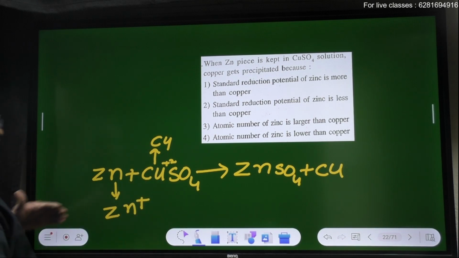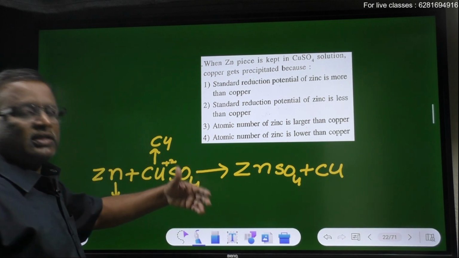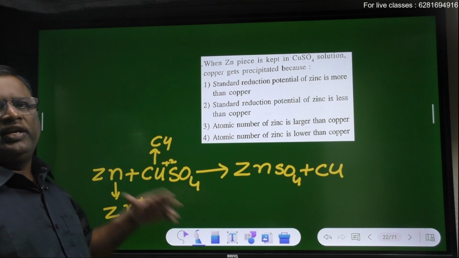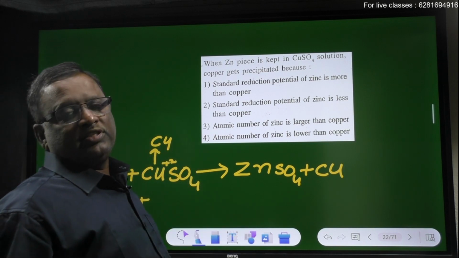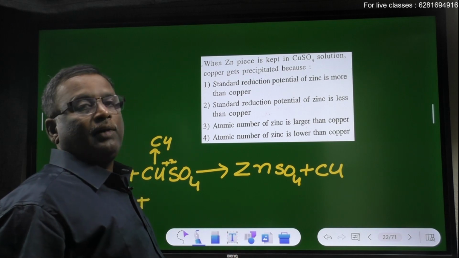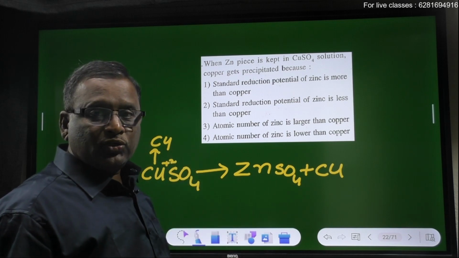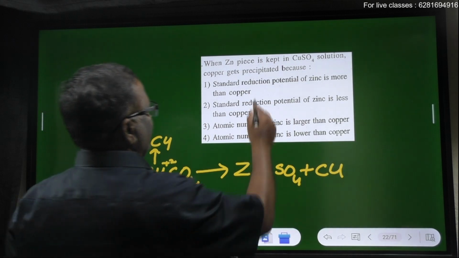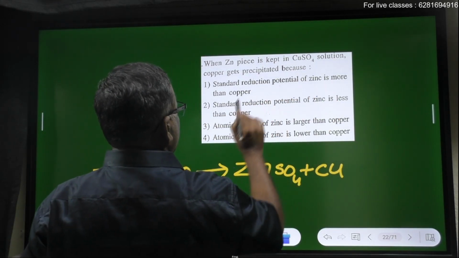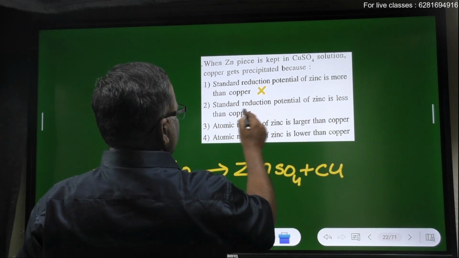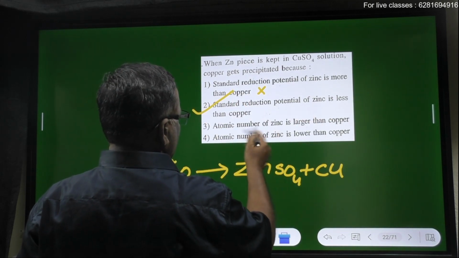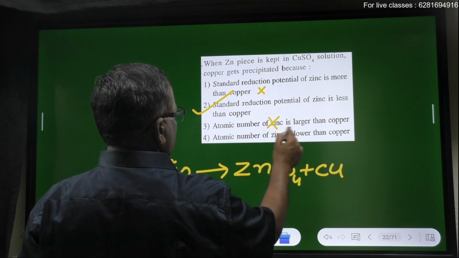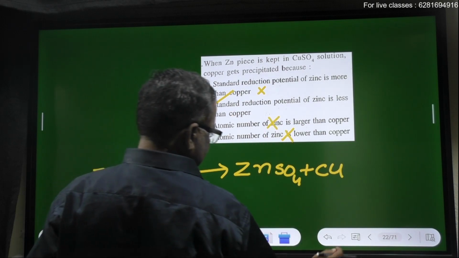That means zinc reduces copper because its reduction potential is less than copper. Zinc reduction potential is less than copper. That's why it reduces copper. So standard reduction potential of zinc is more than copper is wrong. Standard reduction potential of zinc is less than copper, this is correct. Atomic number is in no way concerned, so option 2 is correct.